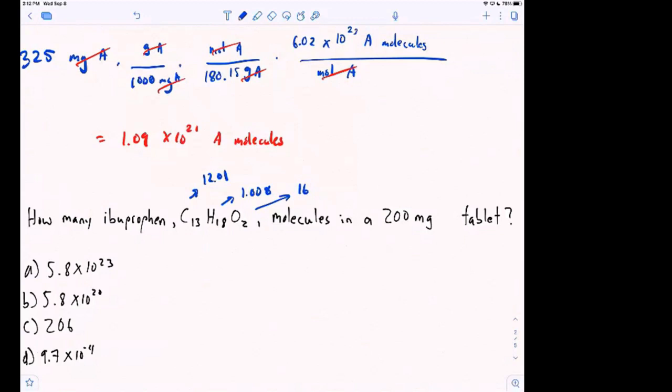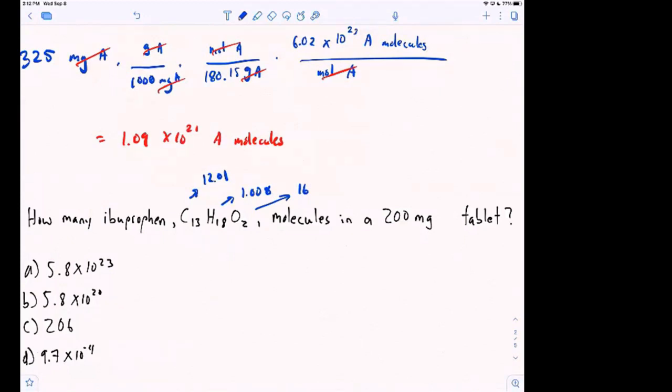I don't know if you were listening. It's the same setup as the problem above, but instead of 325 milligrams, it's 200, and instead of aspirin, it's ibuprofen. Does anybody have that number? What's the molecular weight of ibuprofen?